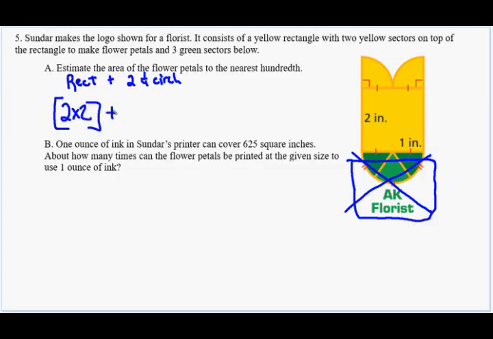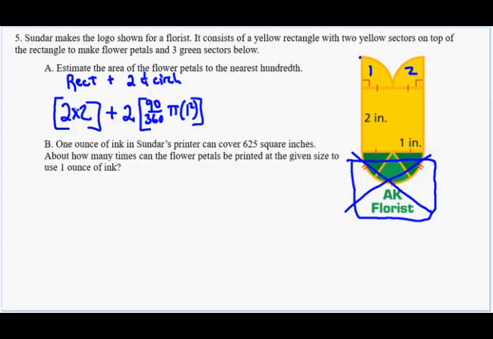And now we're going to add to that 2 quarter circles. So up here is our first quarter circle. Here's the other. So our fraction there is going to be 90 out of 360. And then we're going to have pi times radius squared. The radius is just 1, so that'll be 1 squared.